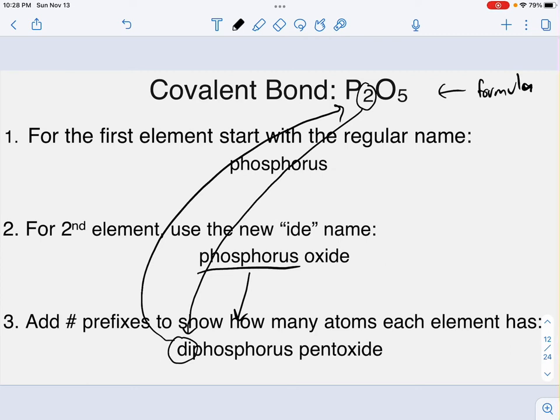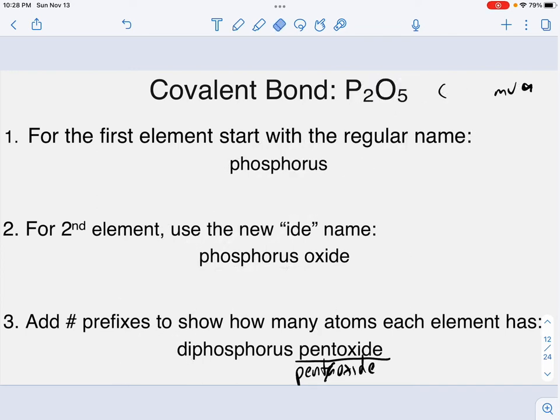Now let's look at oxygen. Our molecular formula tells us that we have 5 oxygen atoms. So what's the prefix for 5? Penta. So we're going to put that in front of oxide. And normally we would say pentaoxide, but we get rid of the A and it becomes pentoxide, okay?